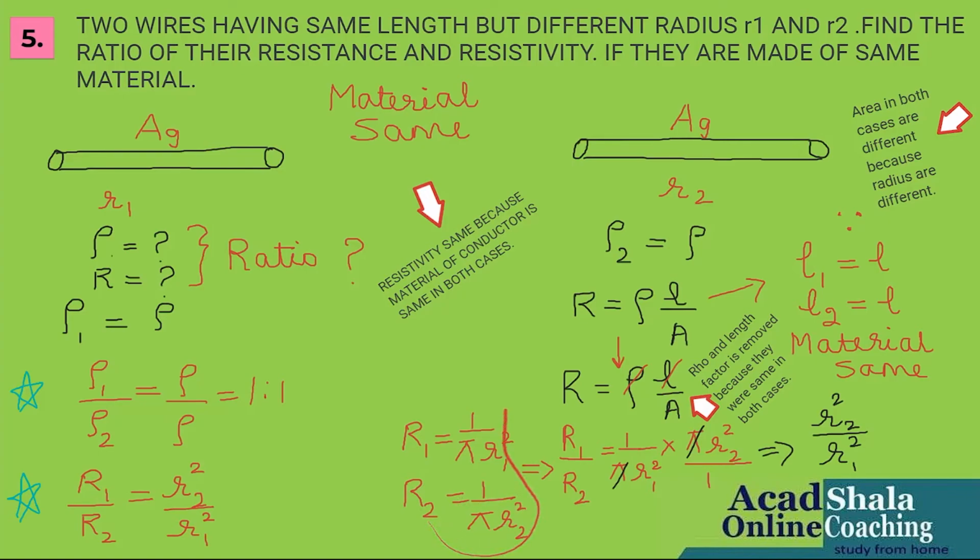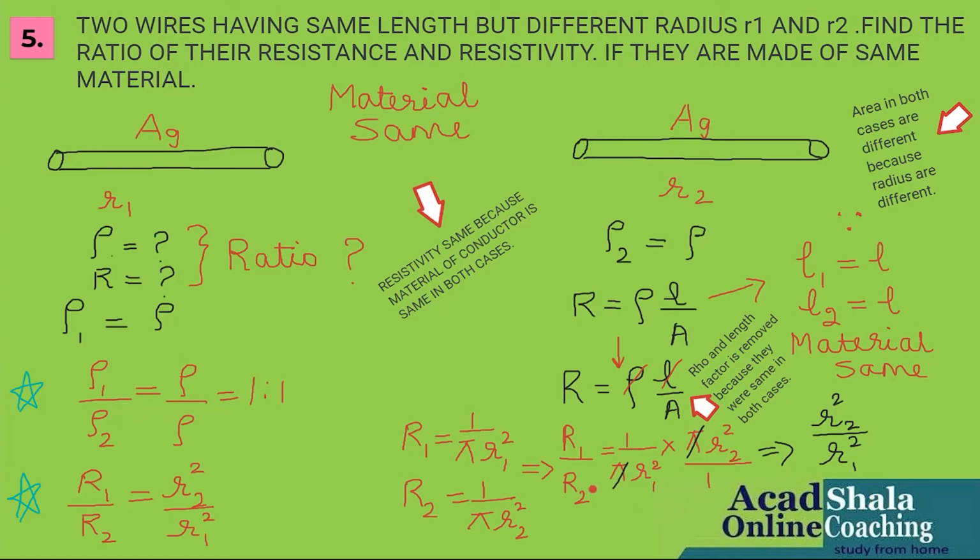So these two values we have come to know in both the cases. Now find out the ratio. I have to find out the ratio of resistance. So what I will do, R1 upon R2. After this I will put in the values of R1 and R2. Children, are you seeing it over here? After putting in the values, this pi will get cancelled.